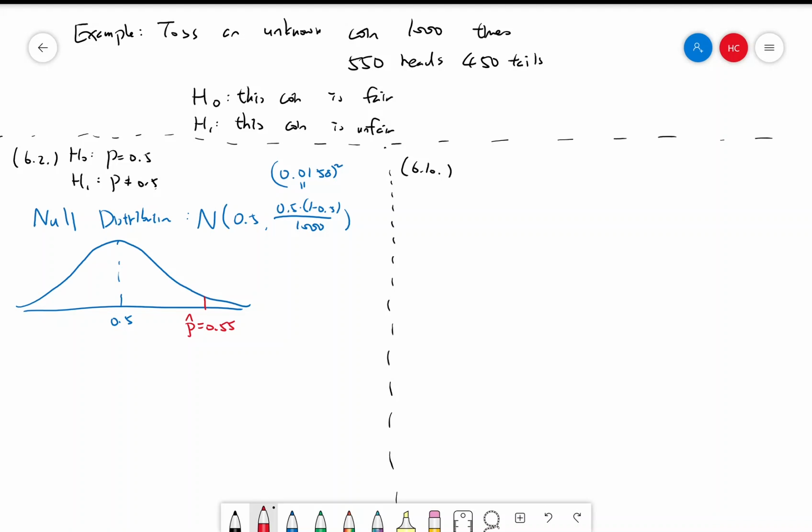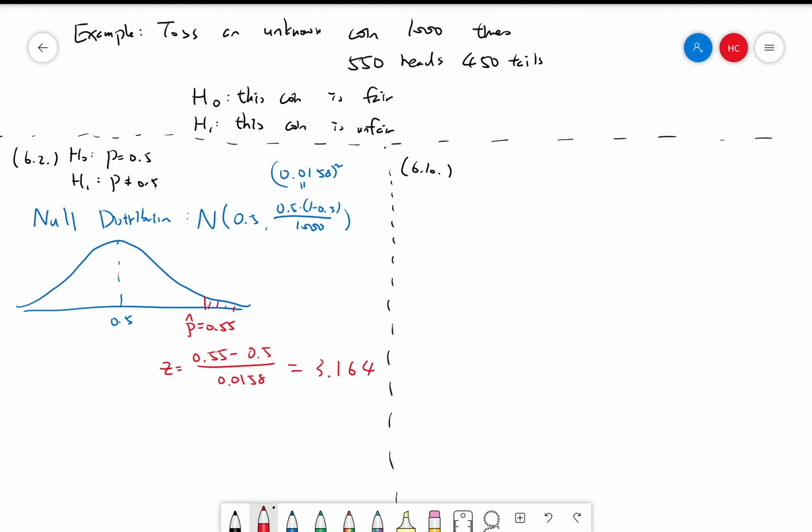So the z-score is equal to 0.55 minus 0.5 over the standard deviation 0.0158. This is 3.164.